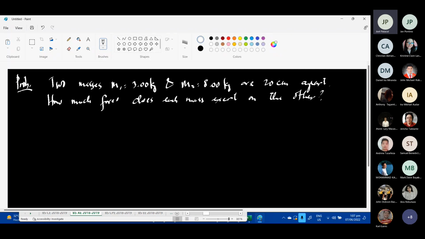So there are two masses, M1 and M2, 3 and 8 kilograms respectively, and the distance between them is 20 centimeters. We determine the force that one mass exerts on the other.